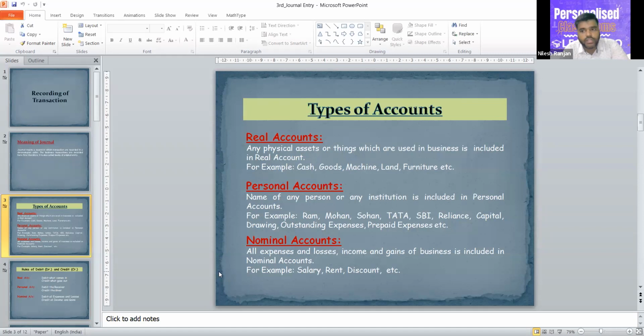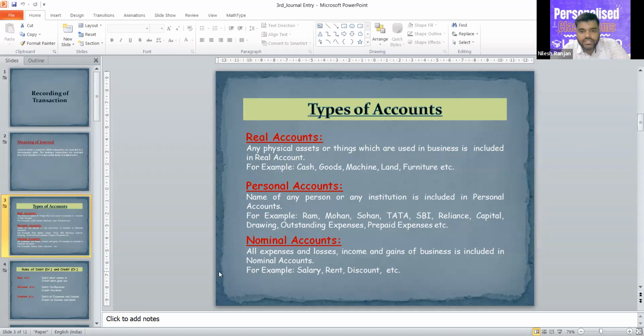So whenever we transact with the owner, we use capital or drawing. These words are used instead of the owner's name. That's why these are called representative accounts. It represents the person.